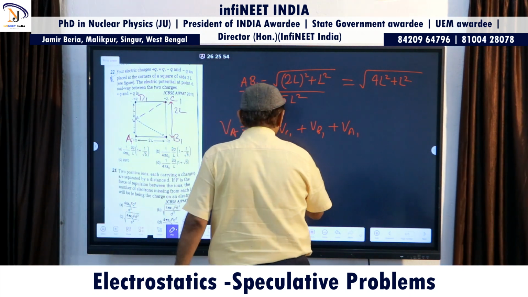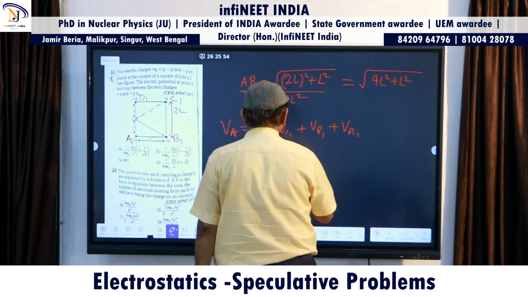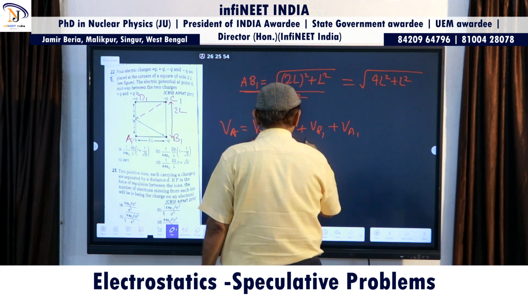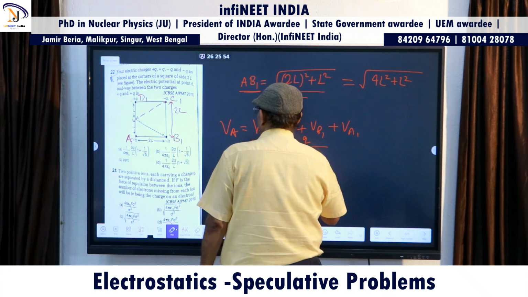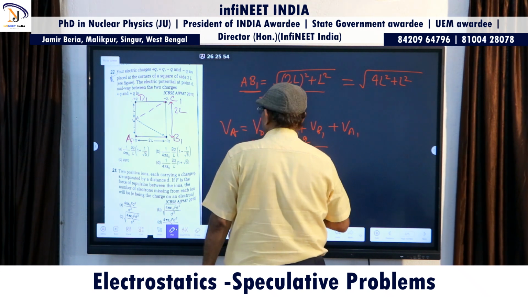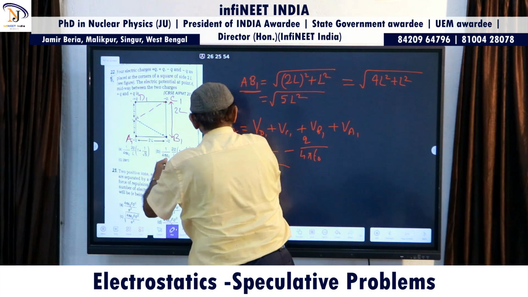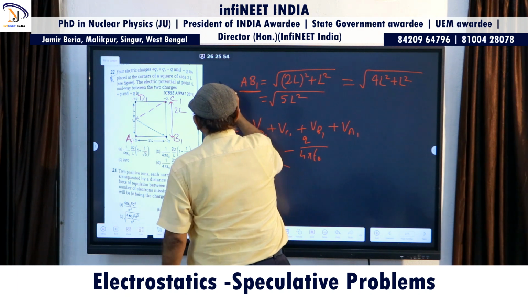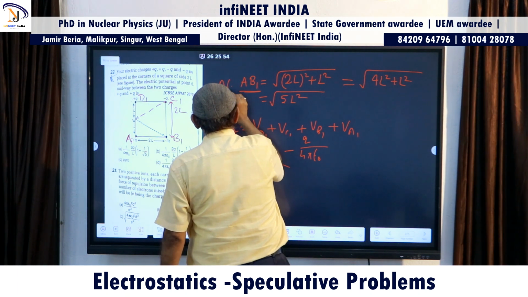What is VC1? VC1 is minus. What can I write? I am able to write Q by 4 pi epsilon naught. What is the length? Same as this. AB1 equals to AC1.